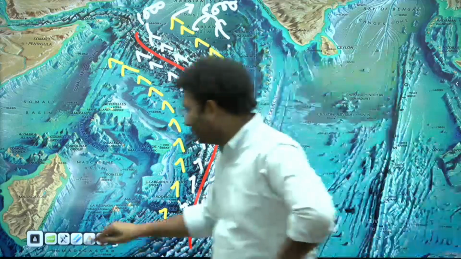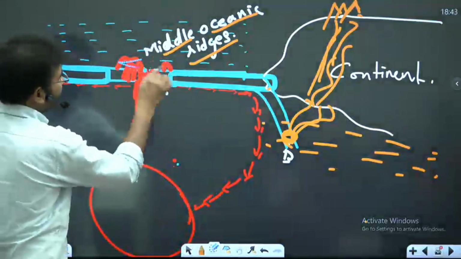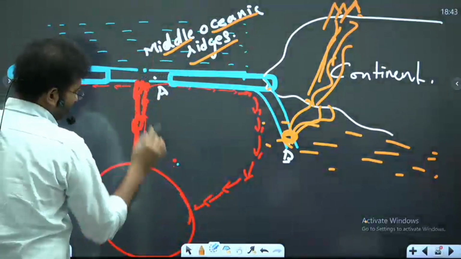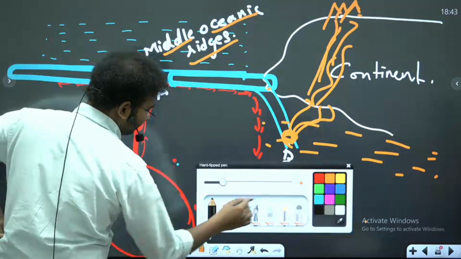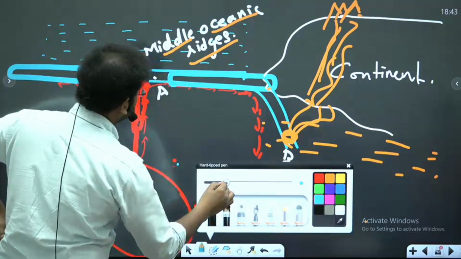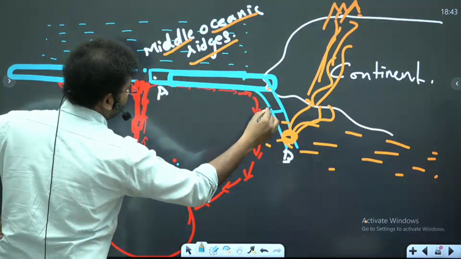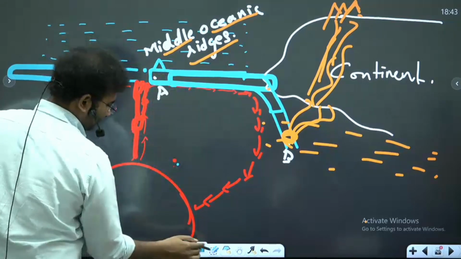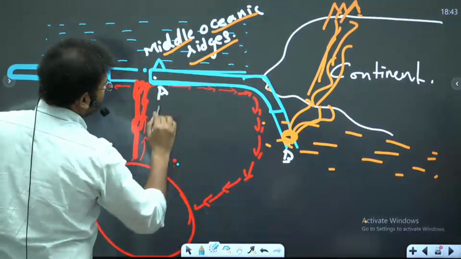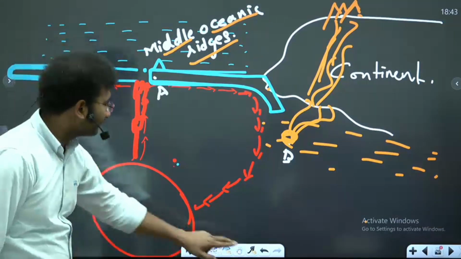In this manner, you will see that the chain of mountains which are there will also move like this. For example, look here.